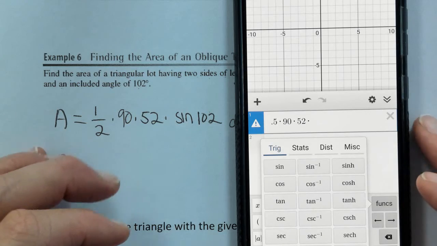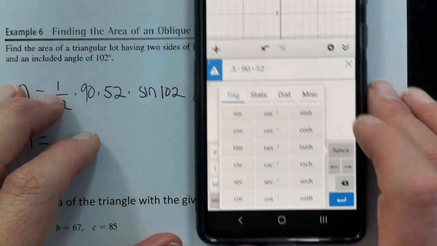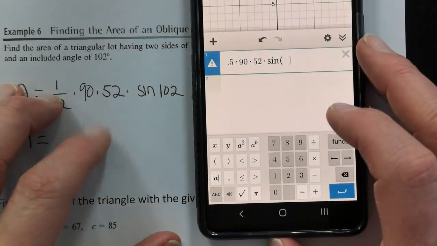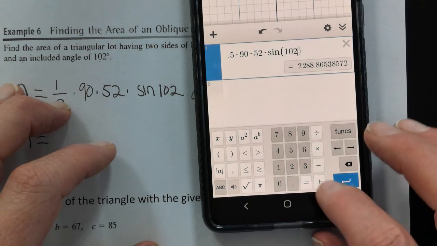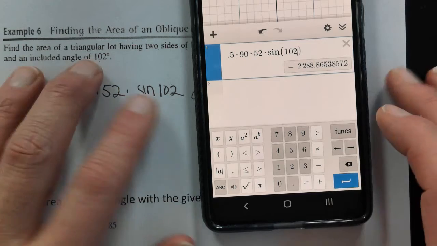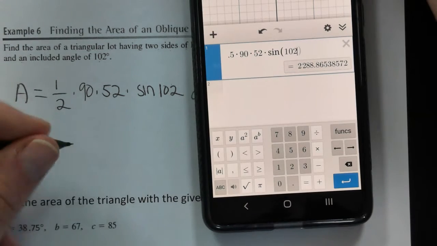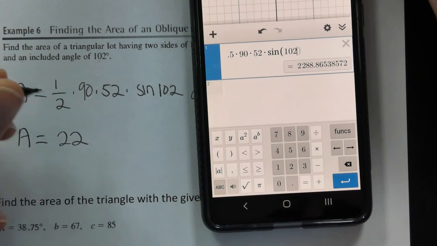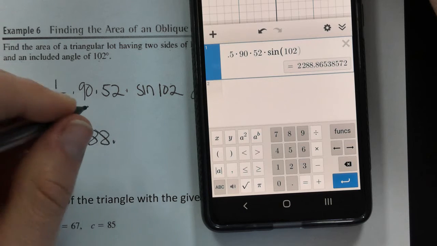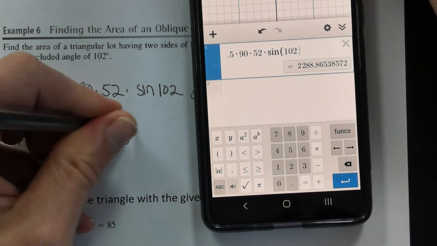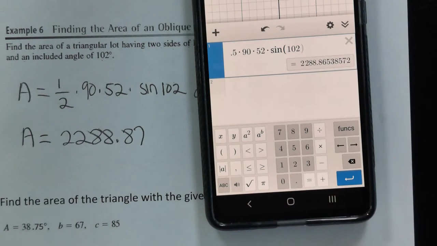Go to functions. We need the sine of 102. And that's it. We got it right there. So the area of this thing would be 2288.87.